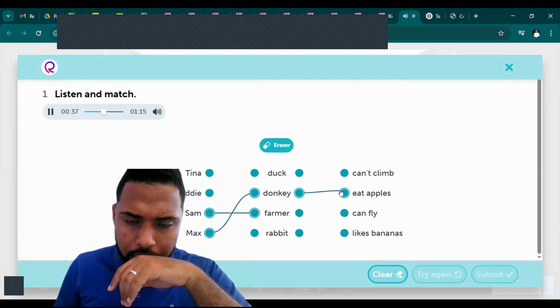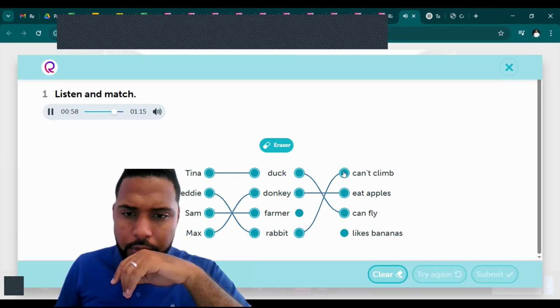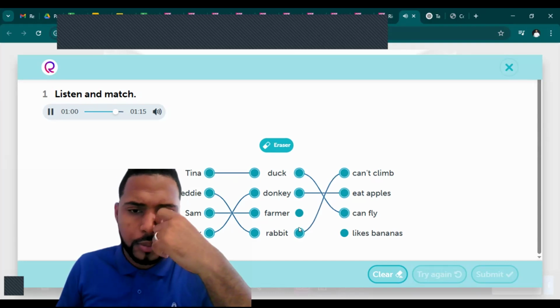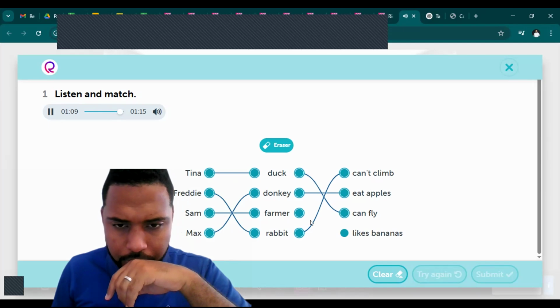What's the name of the duck? That's Tina. Can ducks fly? Yes, they can. What's that? That's Freddie, my rabbit. Can rabbits climb? No, they can't, but they can jump. And do rabbits eat bananas? No, the bananas are for me. I like them.